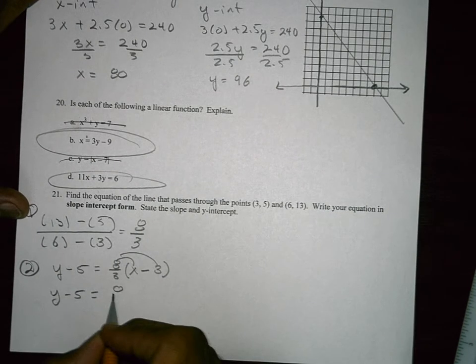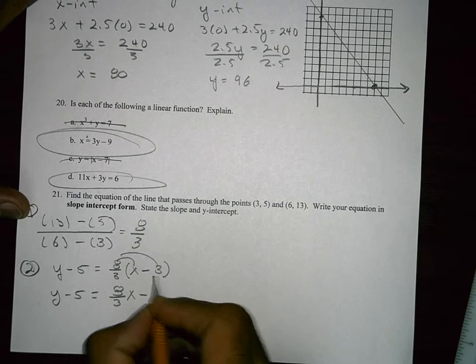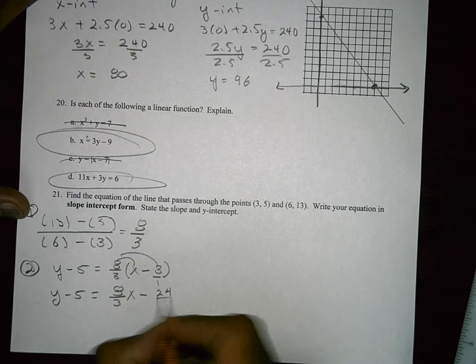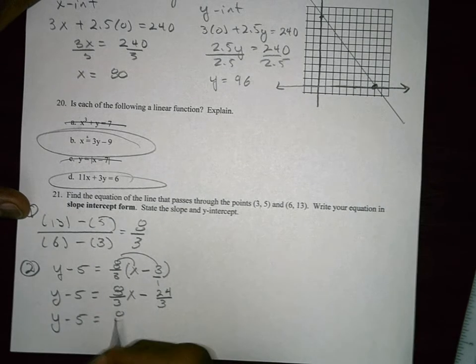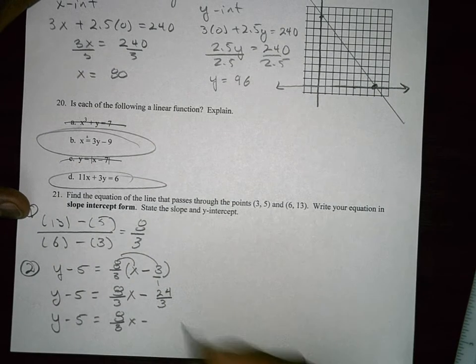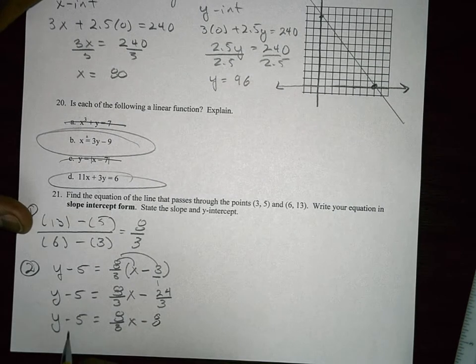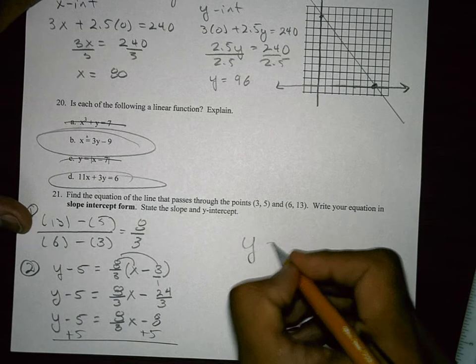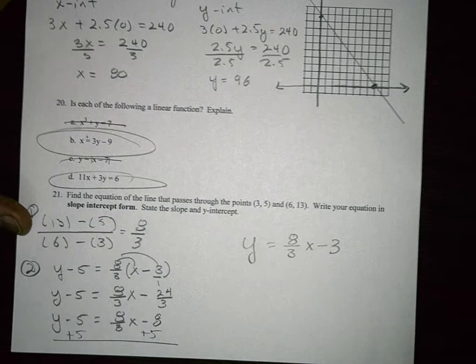And so I get 8 over 3x. Put this over 1, that gives me 24 over 3. That fraction reduces to minus 8, right? I'll add 5 to both sides, and I get y equals 8 over 3x minus 3.